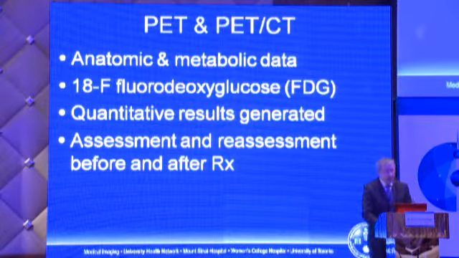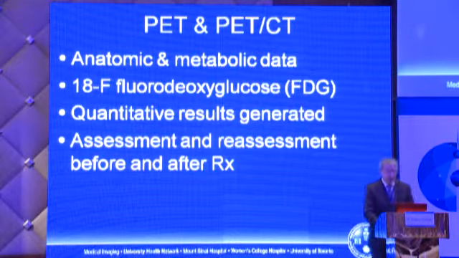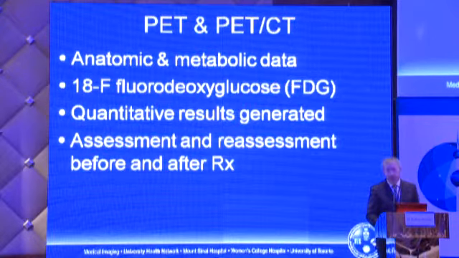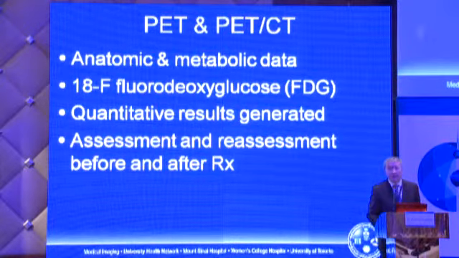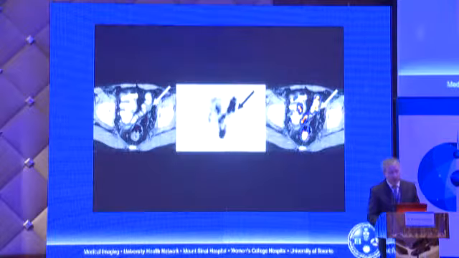PET and PET-CT, well, you get anatomic and metabolic data. You can generate quantitative results, which can be very good for staging, but it can also be very good at predicting early response to treatment. So you may see decreased metabolic activity before you see a decrease in tumor volume.